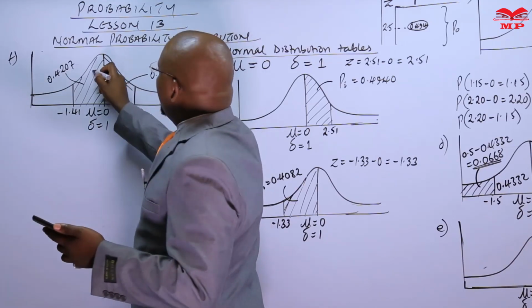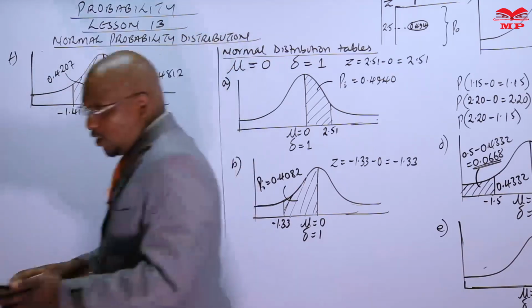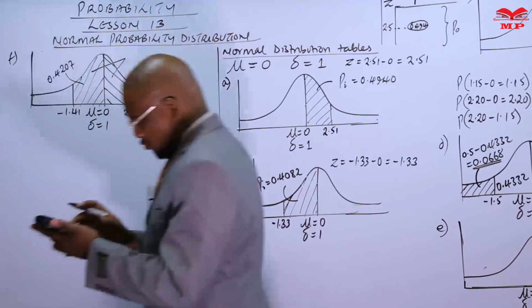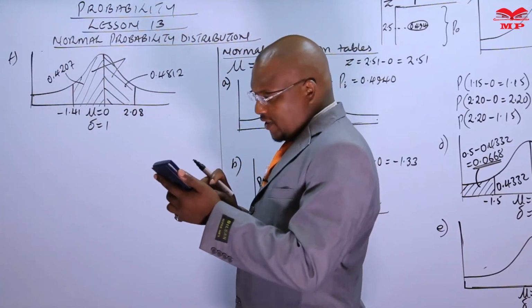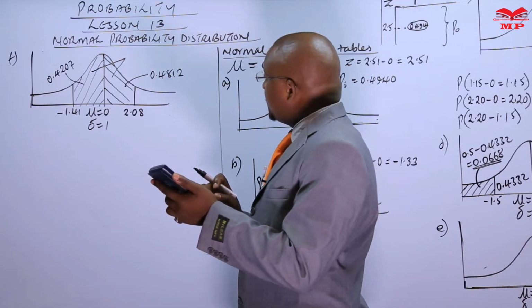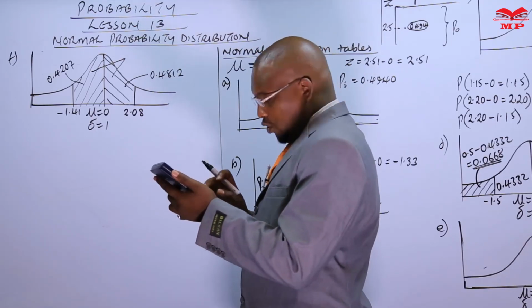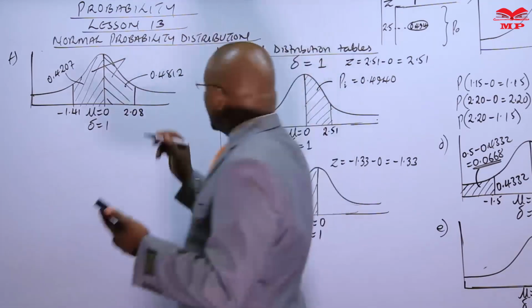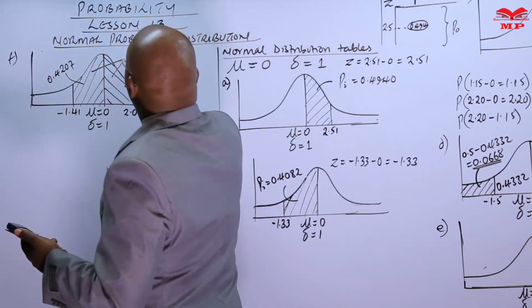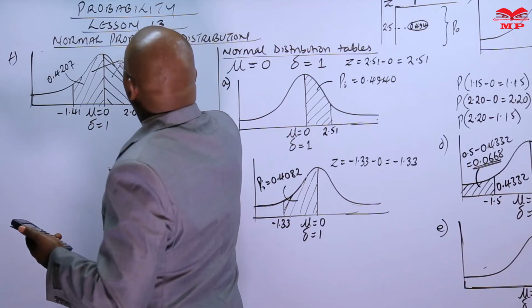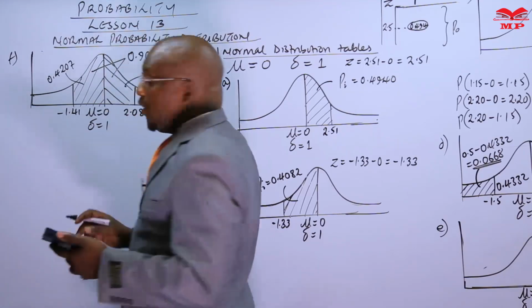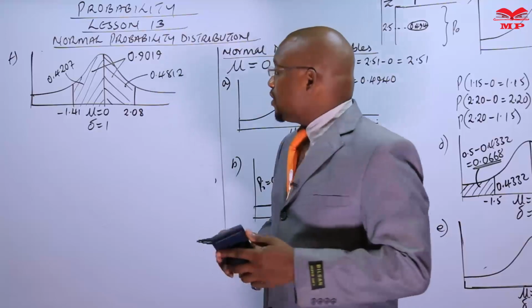Therefore, for the total that you're being asked, we now require to add these two. We have 0.4207 plus 0.4812. This is giving us 0.9019. So the area from negative 1.41 to 2.08 is 0.9019.